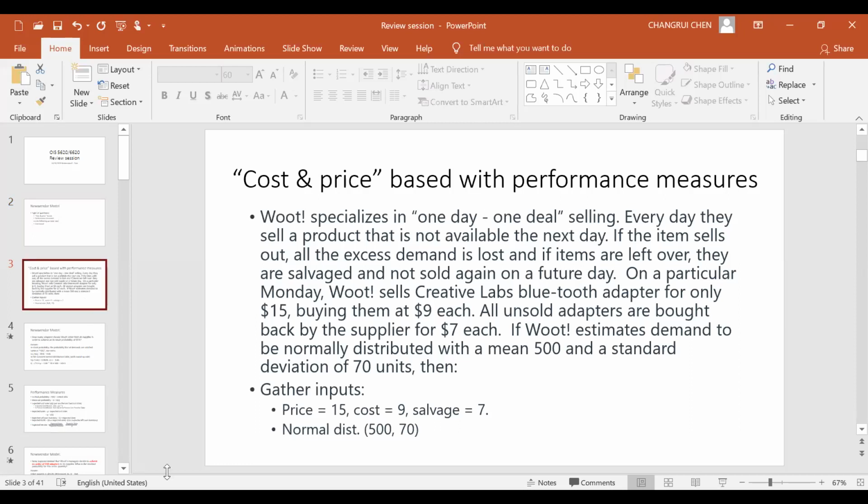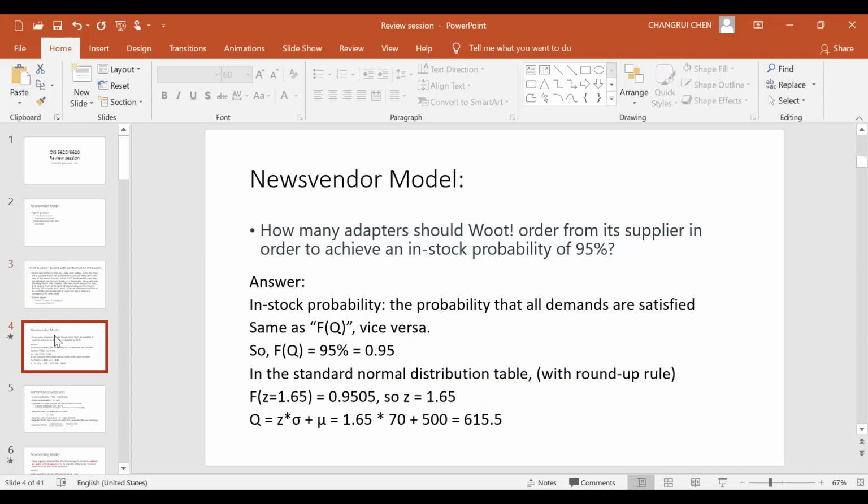Okay, so in this question, the price is 15 and cost is 9, salvage is 7, and the mean is 500 and standard deviation of 70 units. Newsvendor model: how many adapters should Wood order from a supplier in order to achieve an in-stock probability of 95%?